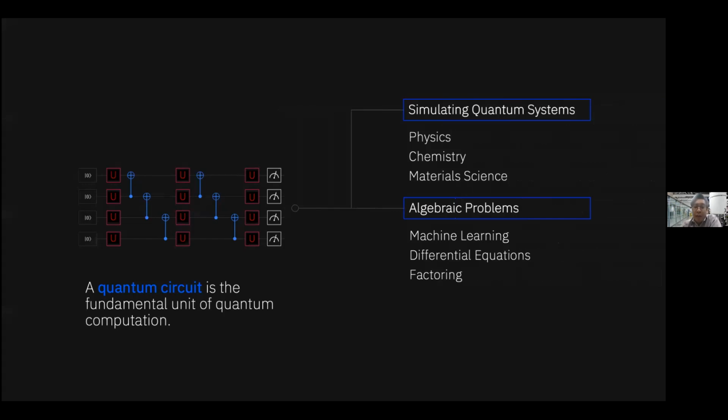People look at simulating quantum systems, for example in physics or chemistry, using circuits like the hardware efficient circuits for variational quantum eigensolvers, to algebraic problems. There are circuits based off of, say, quantum kernel estimation to look at machine learning. Obviously, there are well-known circuits using quantum Fourier transforms, which are the basis of Shor's algorithm and factoring.